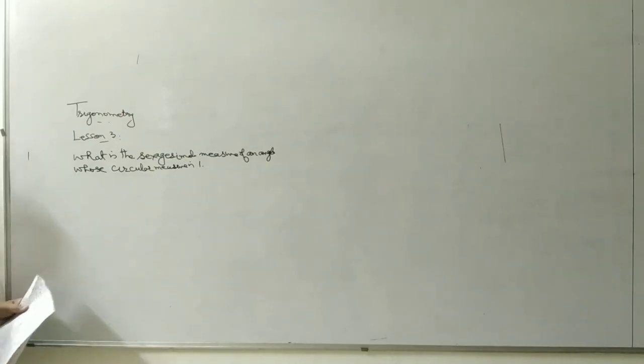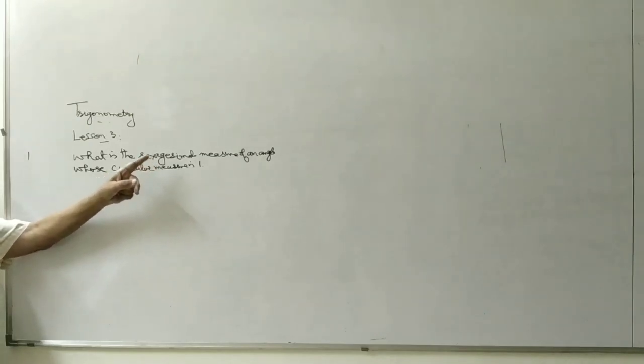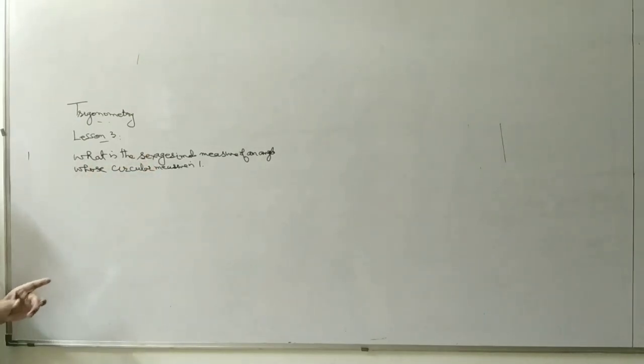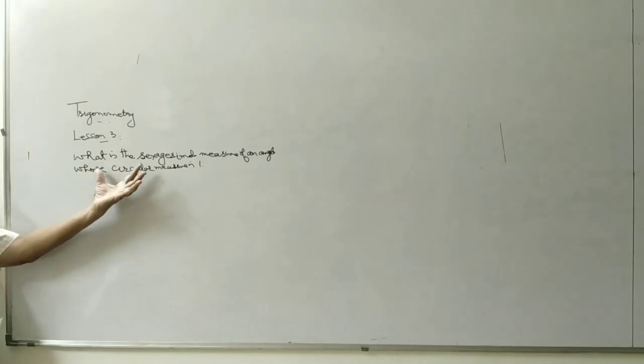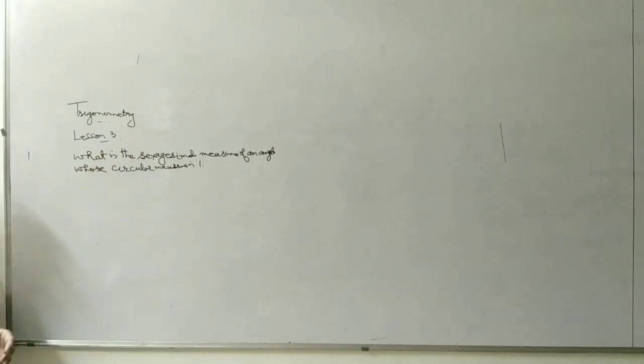That is, what he wants to say in this case is that in case of 1 radian, how many degrees, minutes and seconds are there? That is conversion from circular system to the sexagesimal system.